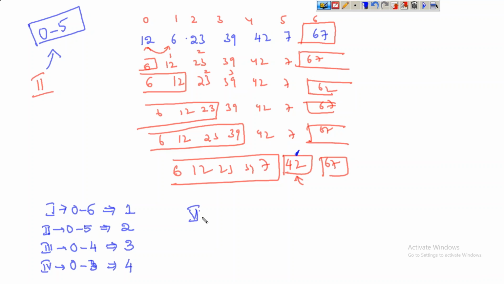The fifth, 0 to 2, five elements. The sixth, 0 to 1, six elements. By the seventh, 0 to 0, we have only one element left. Totally 7 elements are sorted.